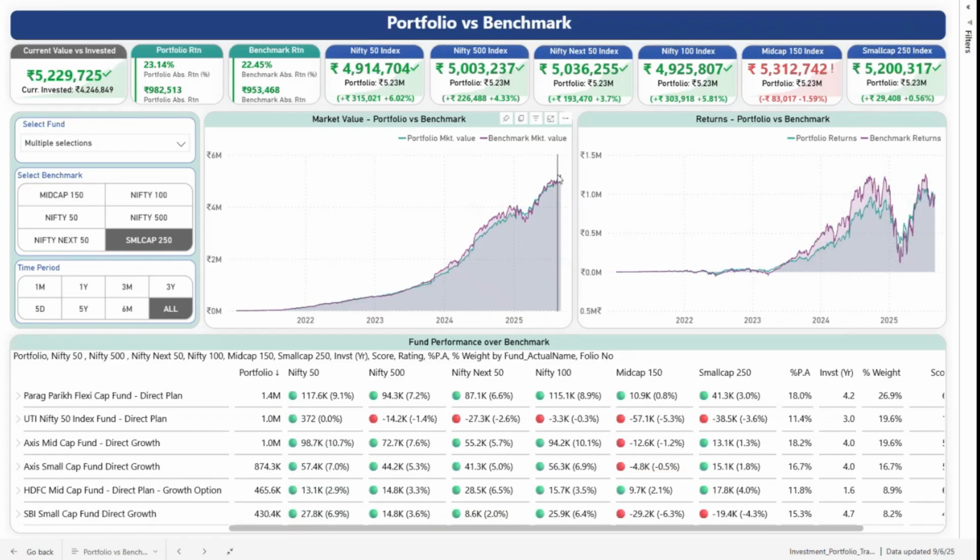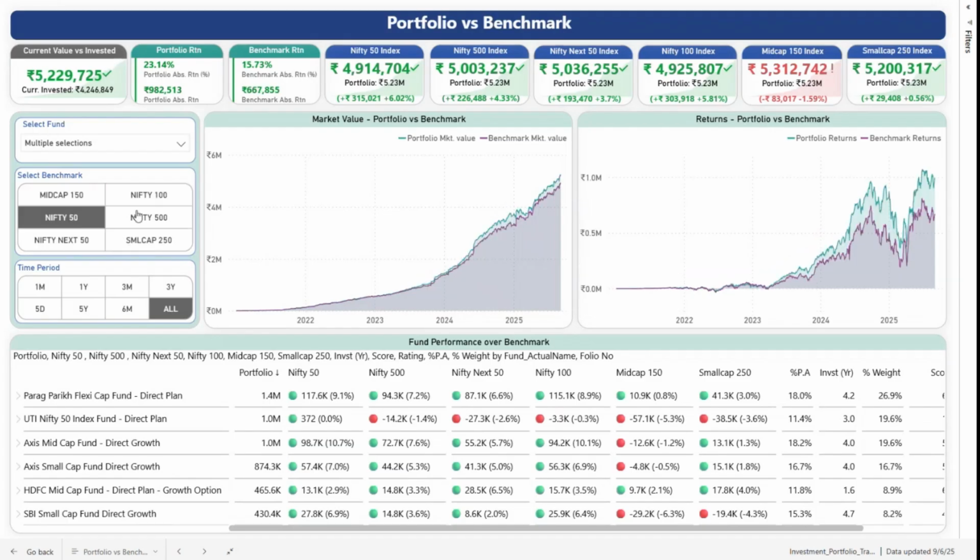Now you got this overall portfolio comparison. The next one, fund performance over benchmark, will tell you exactly more. Okay, let's take an example of Nifty 50. You were able to beat Nifty 50 by 3 lakh 15,000, but that is whether the overall six funds combined are able to beat it.